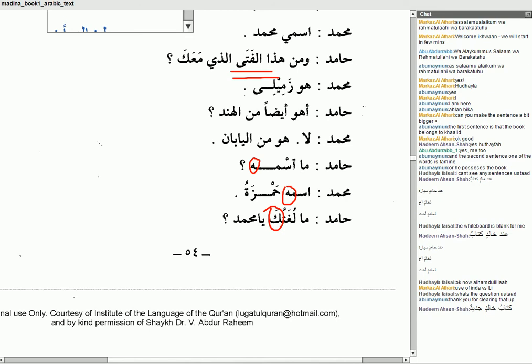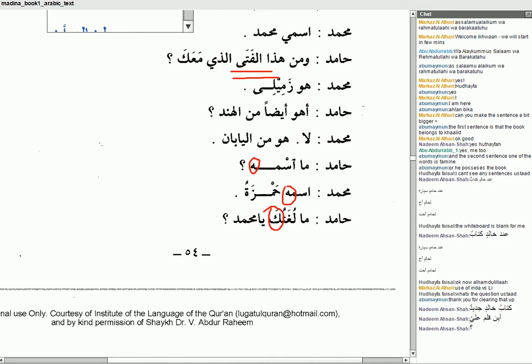You can ask a question with mudaf and mudafun ilayhi. You can say, Aina qalamu aliyin? Question mark. Aina qalamu aliyin?